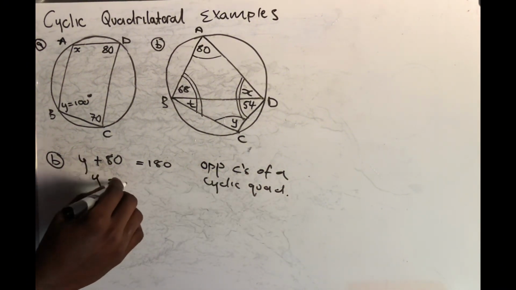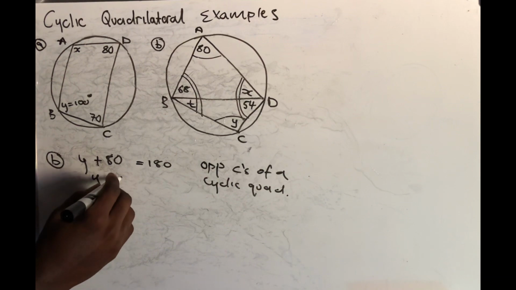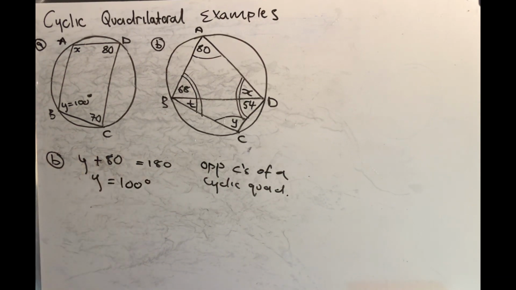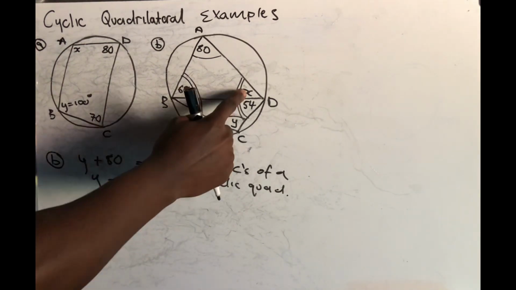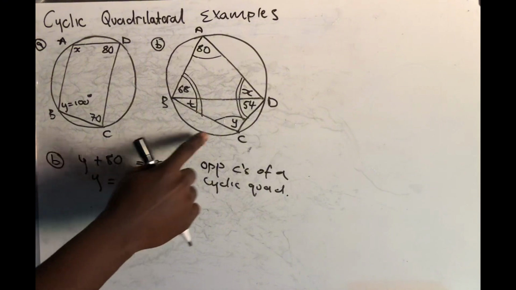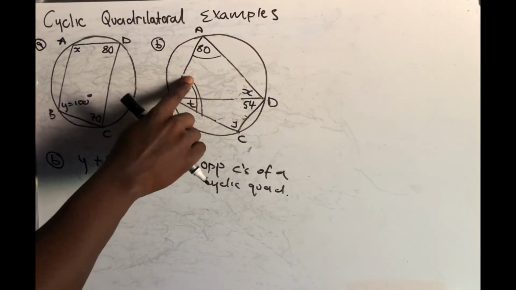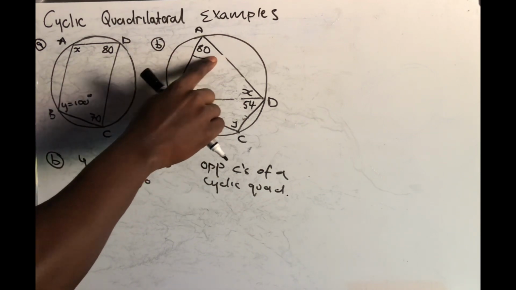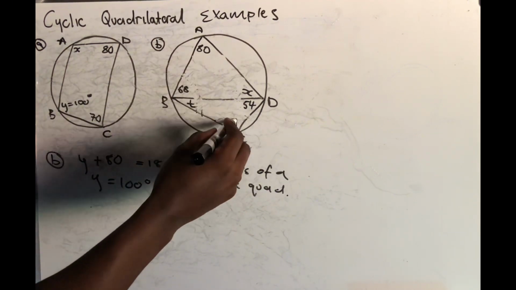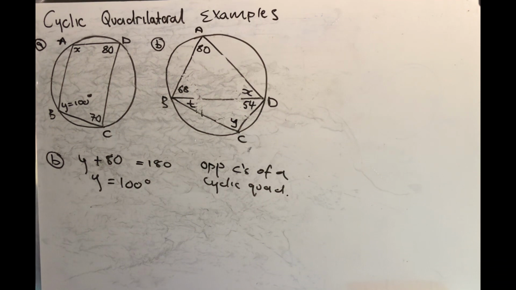Then your y is equal to 180 minus 80, you get 100. And then now you are asked to find the value of x and t.